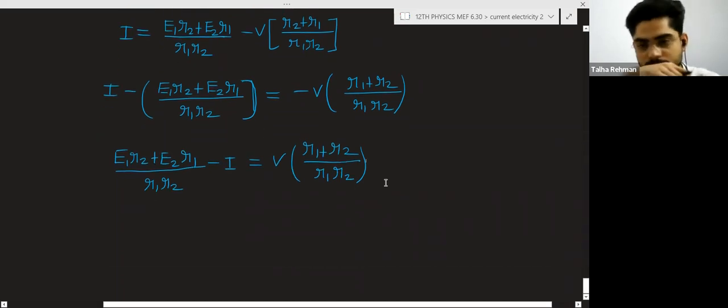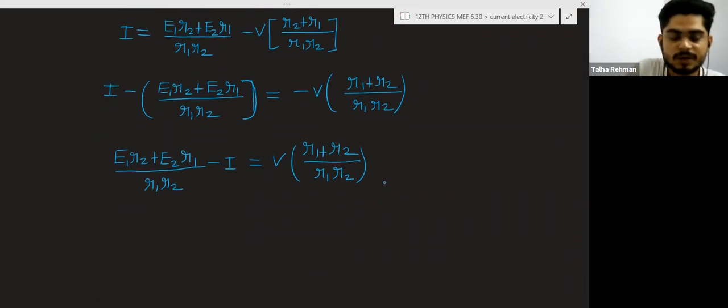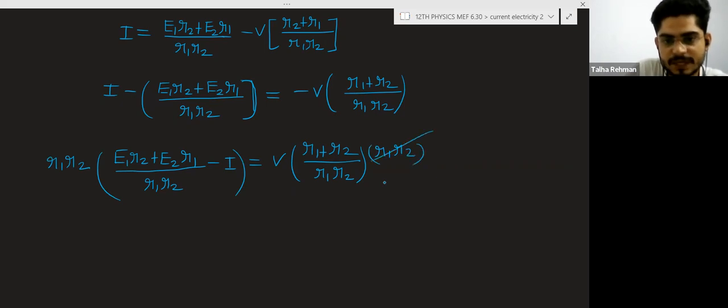There are two ways to solve this V. Multiply both sides with R1 and R2, so this cancels out, and you will get this.